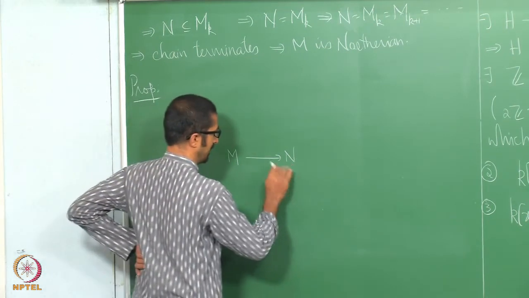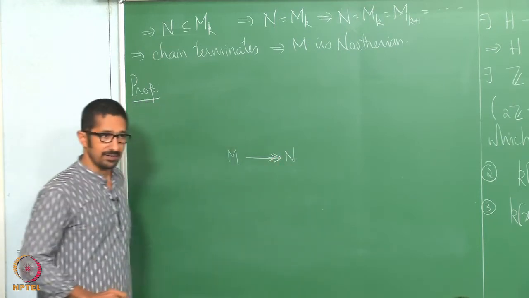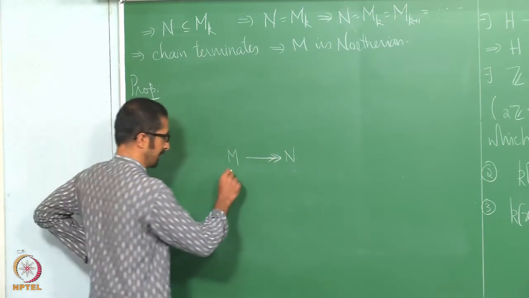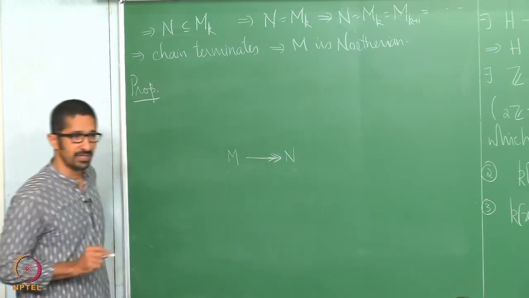I have an onto map, or in other words, if this is Noetherian, then this is Noetherian.